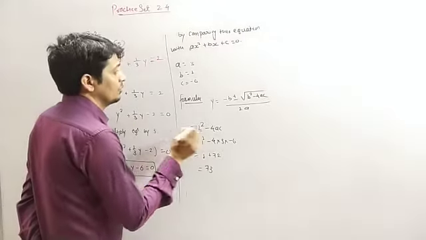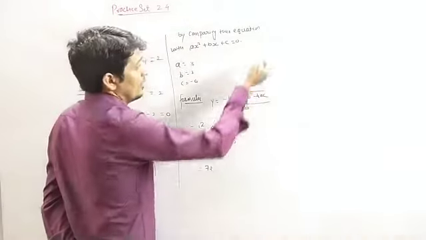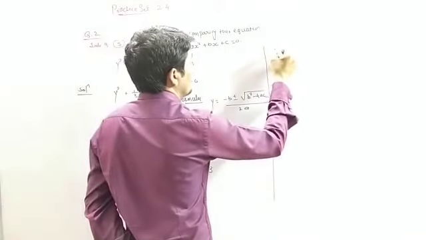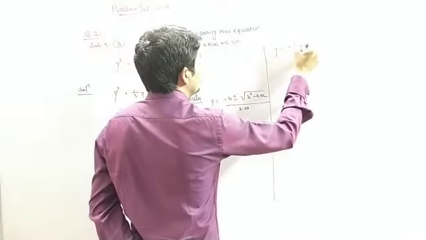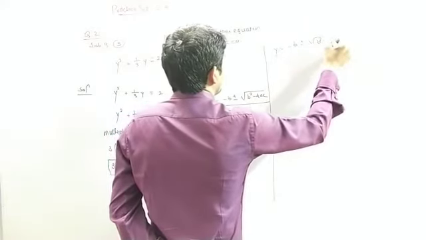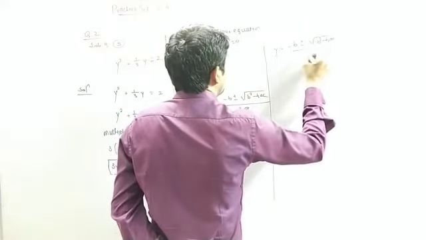Okay, so now we will apply the formula. y equals minus b plus minus root b square minus 4ac upon 2a.